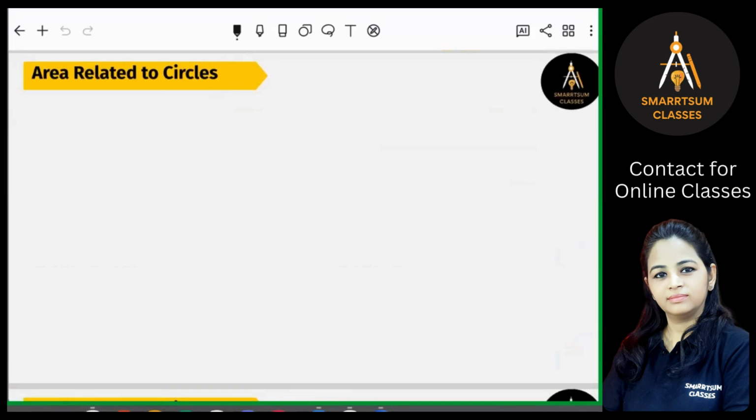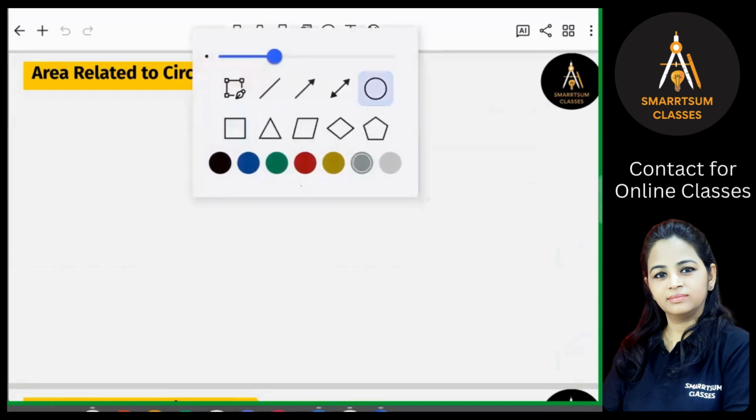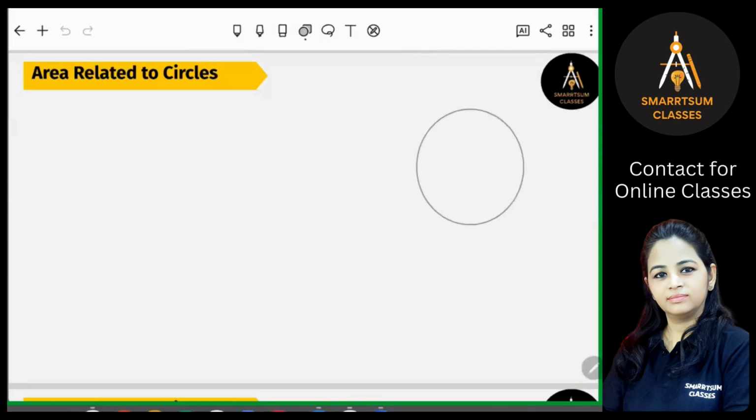So as we know, any circle is the locus of the points which move in a plane in such a way that its distance from a fixed point is always the same. Yes or no? Right? So we can draw a circle here. So this is a circle.